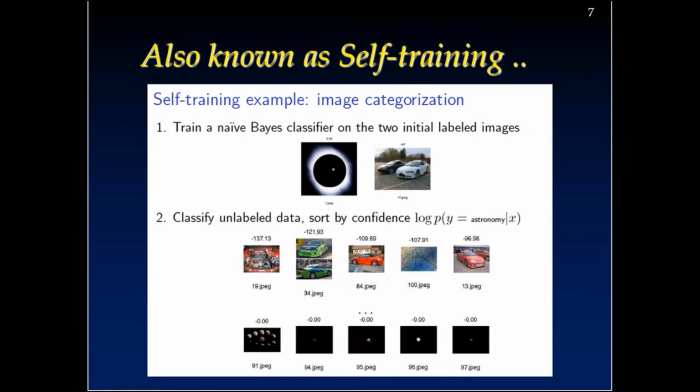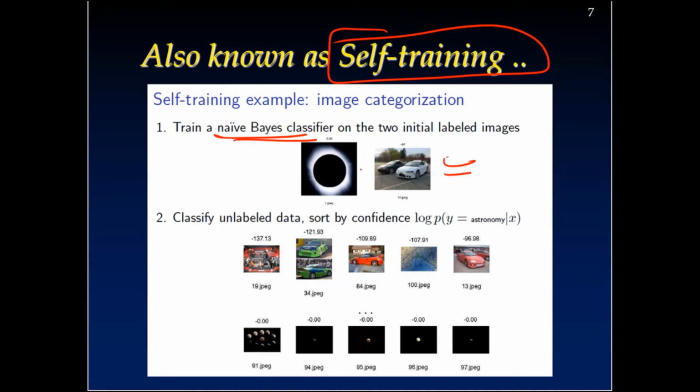So we'll take another example. This is also called self-training, and we'll see why. Here we use a classification algorithm to find out whether an image is an astronomical image, or just a car or something else.